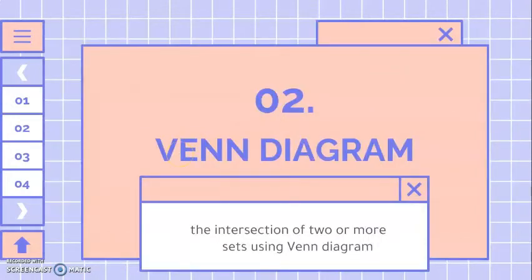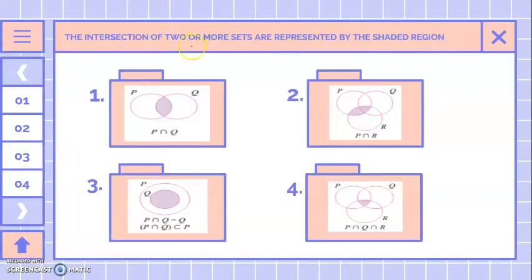Okay, so now we will go into the intersection of two or more sets using Venn diagram. The intersection of two or more sets is represented by the shaded region. So here we have 4 examples. The first one is you have set P and Q. This is the same as the previous one.